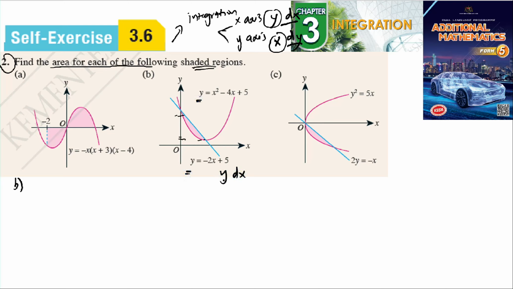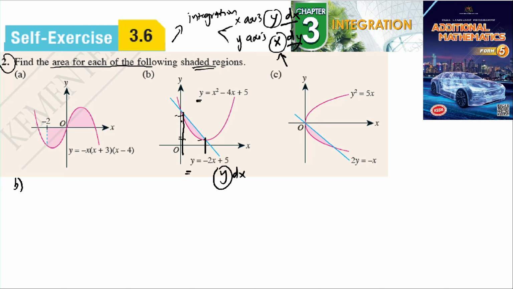When attached to the y-axis you need to use x dy, where you have to find x. So it's better to use the x-axis. When attached to the x-axis you need to know the limits, from where to where.